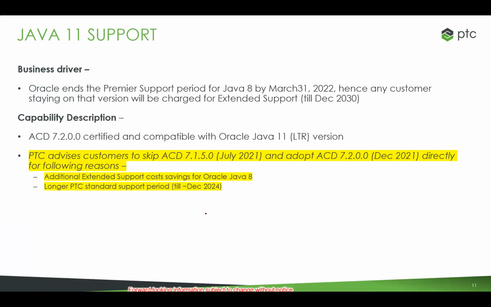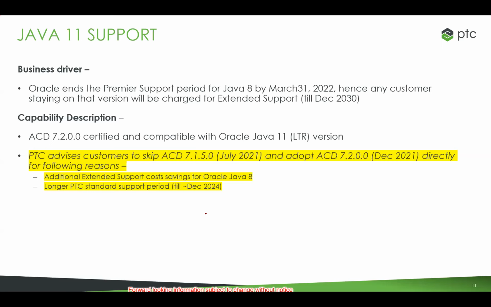I will not go through all of them right now, but I do want to give you some highlights on a couple. I think the most important one is the Java 11 update. So we are updating the Java version that's compatible with ACD with this version. That's going to be Java 11.